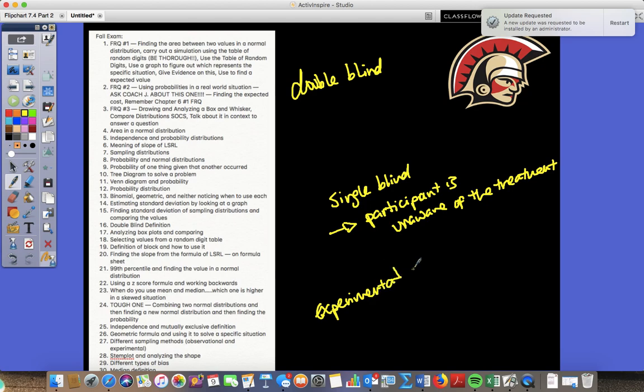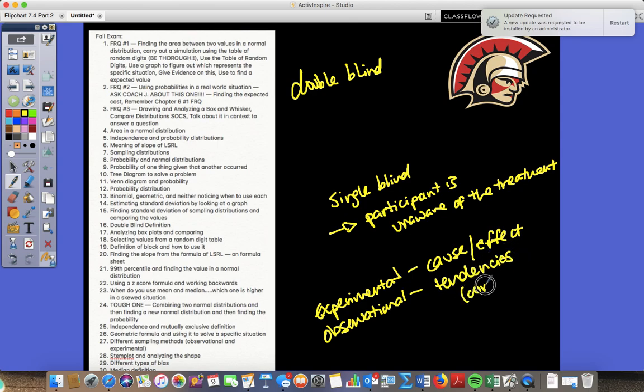Experimental has cause and effect, where observational can only show tendencies, right? This would be more like correlation, like this correlates with this, right? So that would be what we're looking for there.